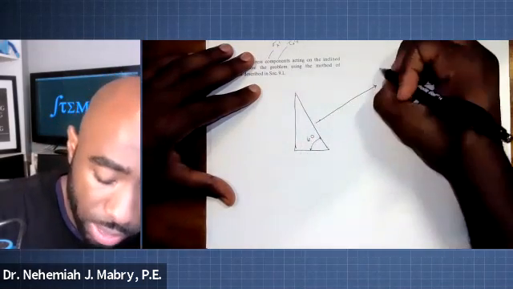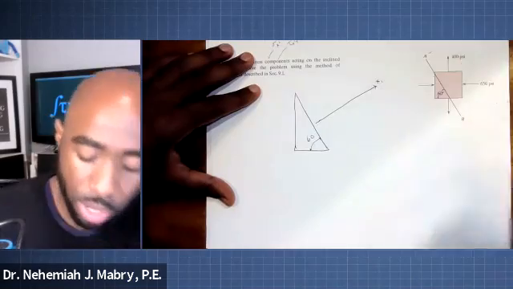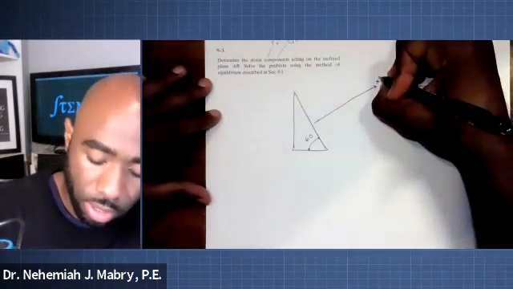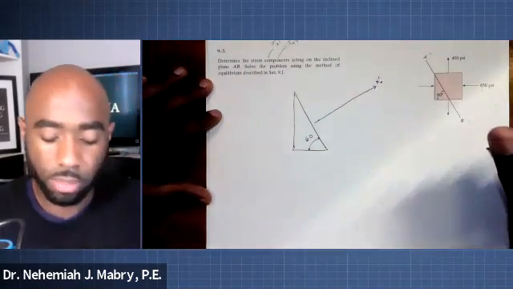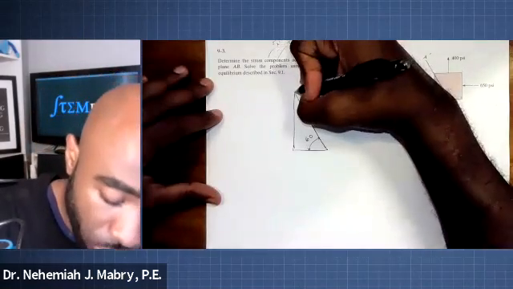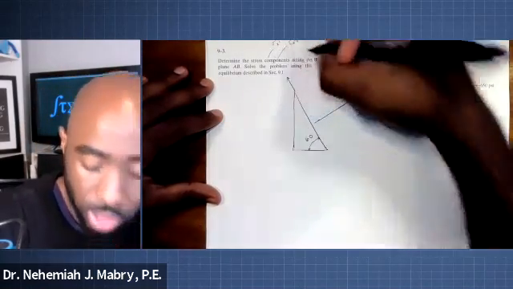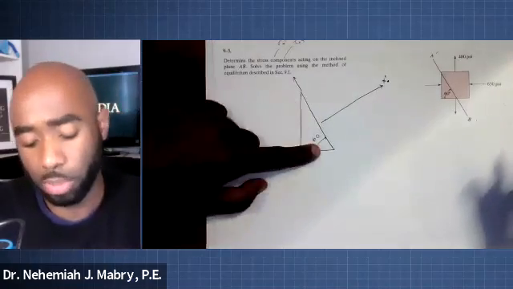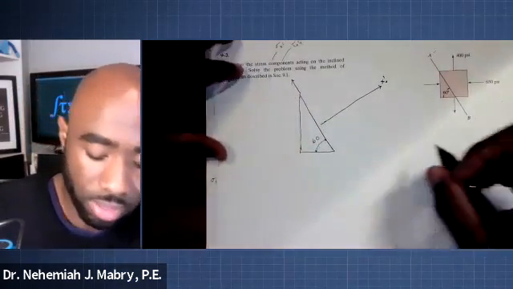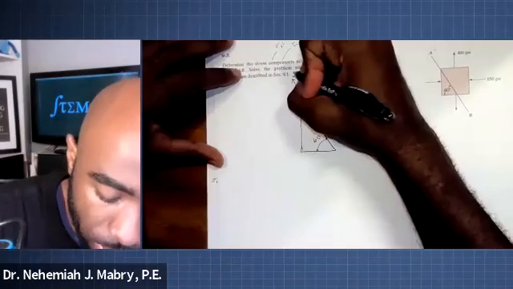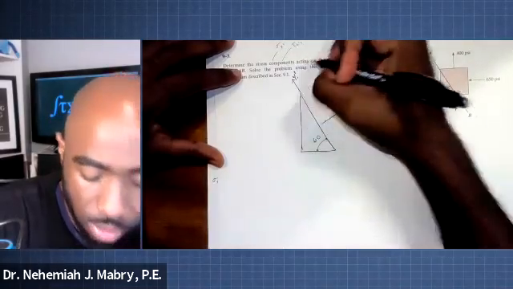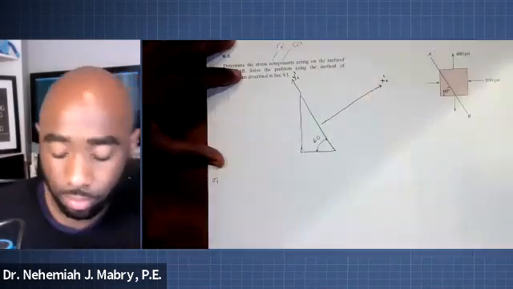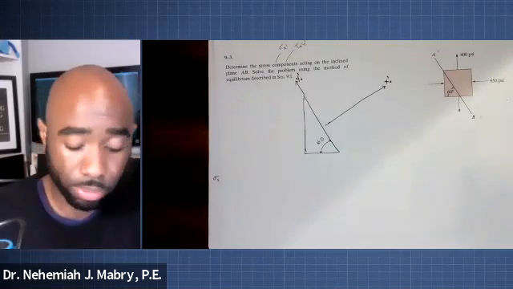Let's always do that. So this is the new x prime axis. And then we can draw, and this one doesn't matter as much, but as long as it's parallel to this face, that should be our y prime axis. x prime, y prime.